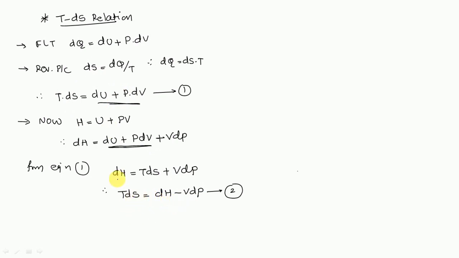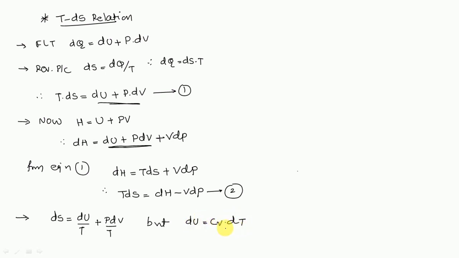Now from the first equation I try to write dS = dU/T + P dV/T. Here I divide the whole equation by temperature on both sides. So the temperature cancels out, and here dU/T and P/T into dV. But we already discussed in the previous slide the definition of dU, and dU is nothing but Cv dT.